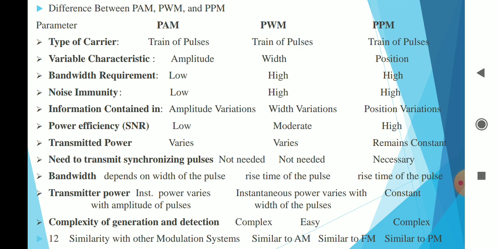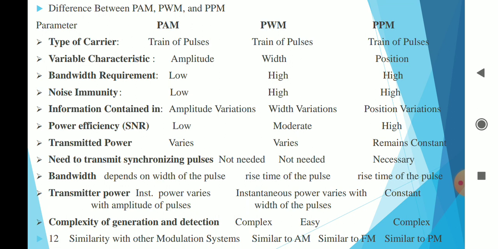Synchronizing pulses are not required in PAM and PWM, but are required in PPM. Bandwidth depends upon the amplitude of the pulse, or the rise time of the pulse. Transmitter power varies in the case of both PAM and PWM, whereas in PPM its power is constant.